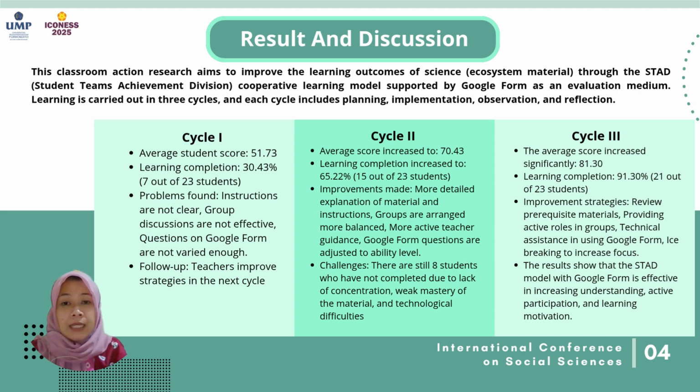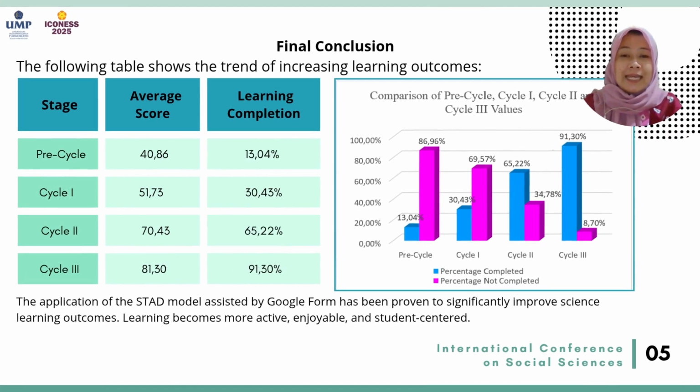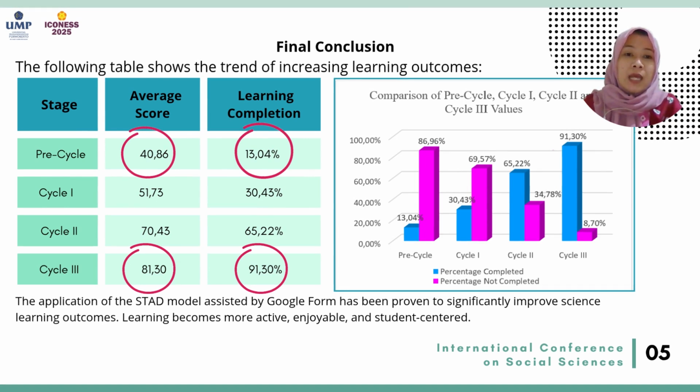In Cycle 3, further strategies like reviewing materials, assigning activity roles, and using ice-breaking activities led to a significant increase. The average score reached 81.30 with 91.30% student completion.